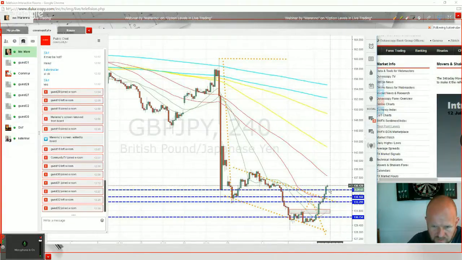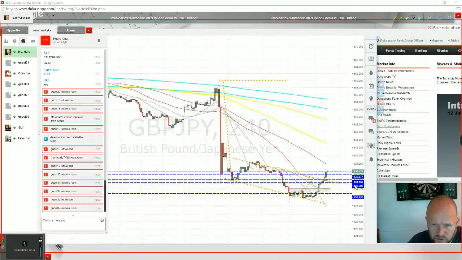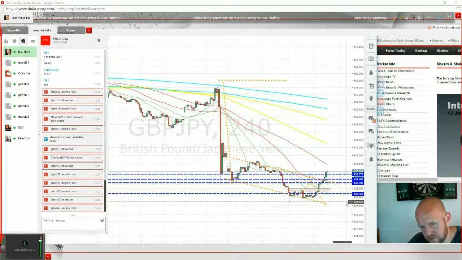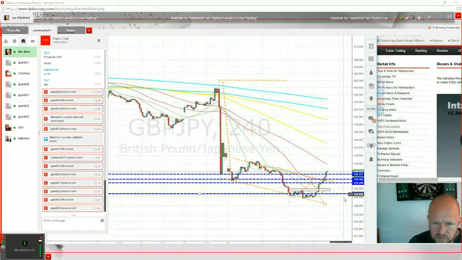For a new trend to start, I guess that coming back towards 132 is a must. Then we'll have something like a W shape pattern at the bottom, and then it will possibly be a very good long entry opportunity. Okay, so that's my very short view on pound yen.